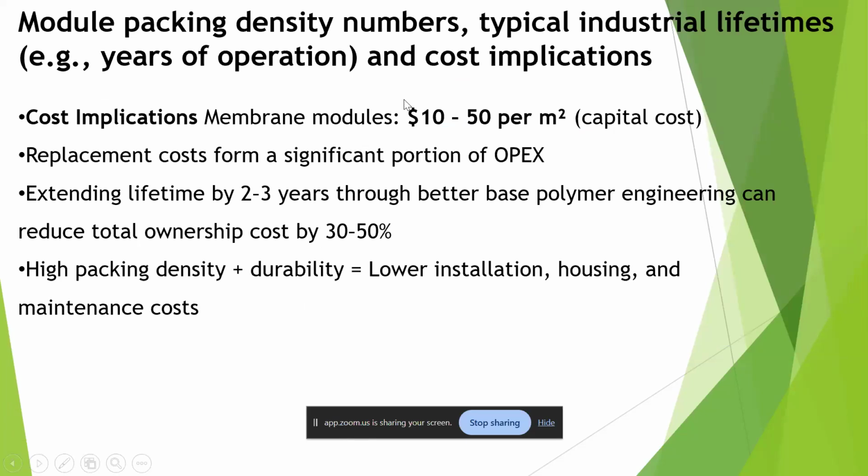So for membrane modules, the cost involvement is another thing. We have to make it an average of $10 to $50 per square meter. Anything more than that will make the operational expenditure, the OPEX, very high, and the replacement cost will also add to it.